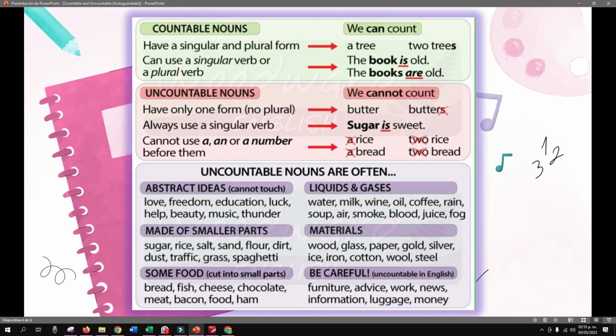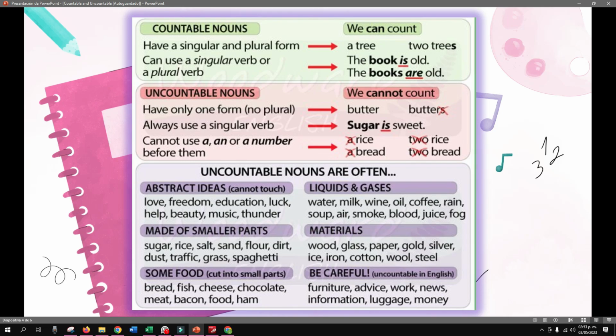Also materials: wood, glass, paper, gold, silver, ice, iron, cotton, wool, steel, right? You cannot count them, right? Deme 2 hielos, 3 hielos, maybe in Spanish we say that, but in English we couldn't do that, right?